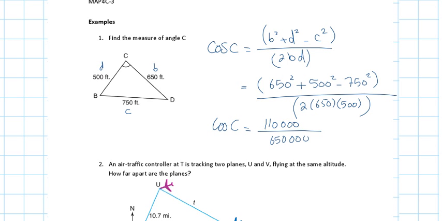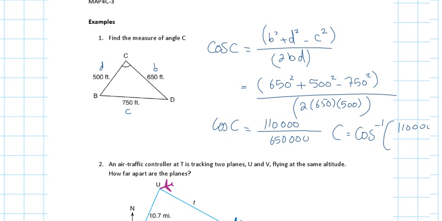The inverse. Okay? So you're going to do cos inverse of, make sure you use your brackets, okay, when you're doing that in the calculator. So cos inverse of 110,000 divided by 650,000.